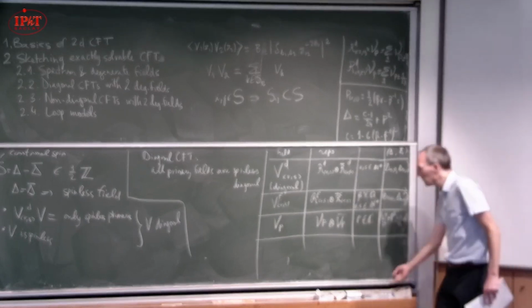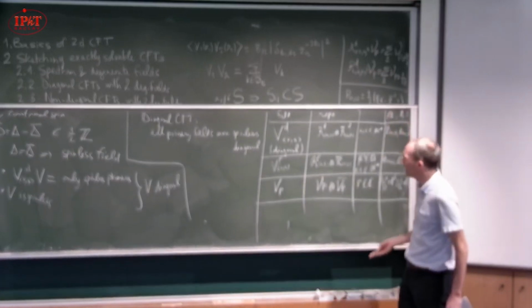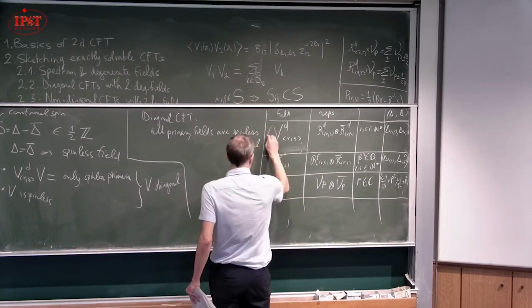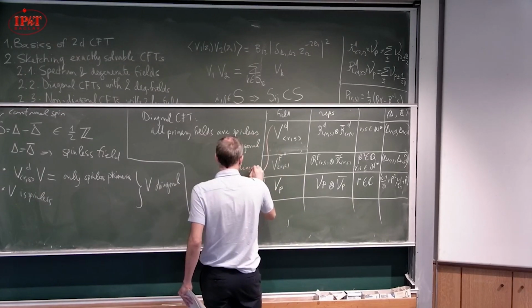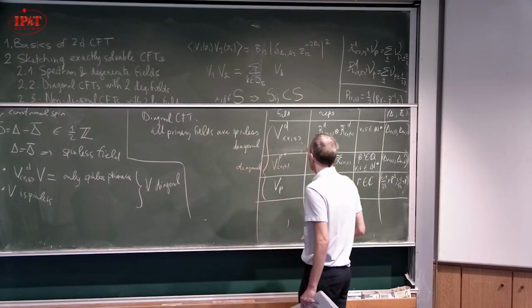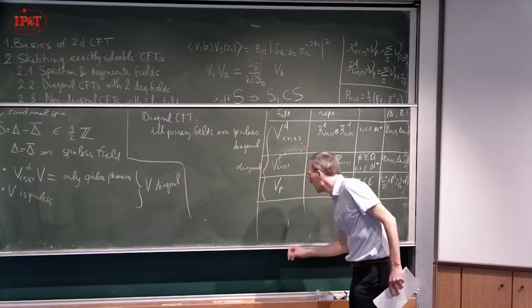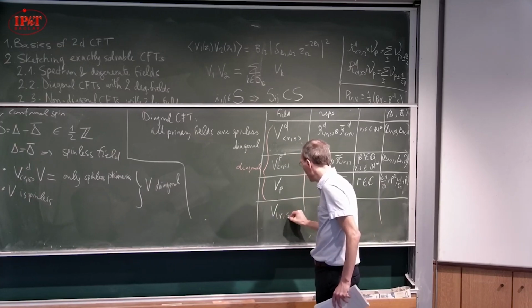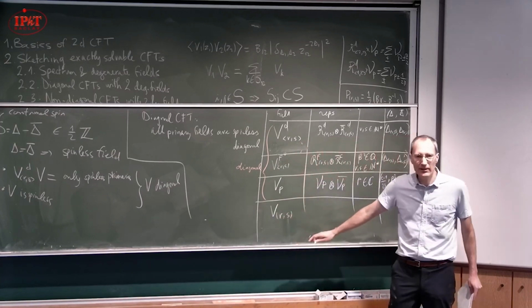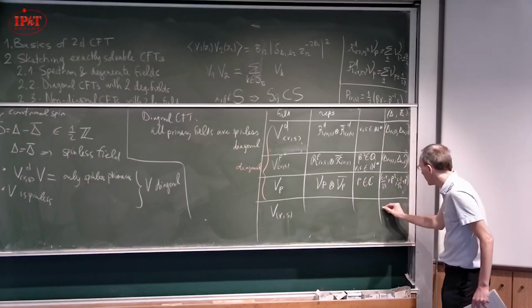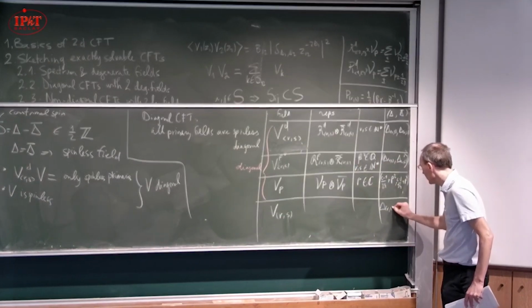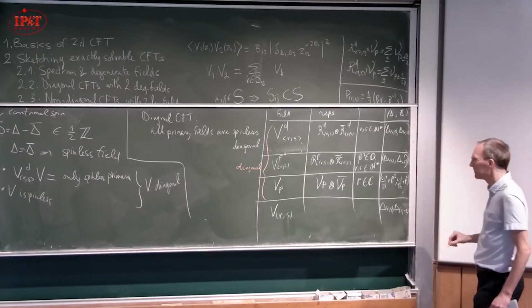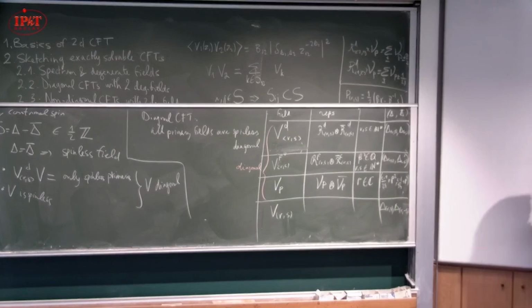Okay, and finally, let me introduce non-diagonal fields. All these fields so far are diagonal. Now the non-trivial point is that instead of labeling them with their left and right dimensions, I want to label them by indices R and S, such that the left dimension is delta RS and the right dimension is delta R,-S.